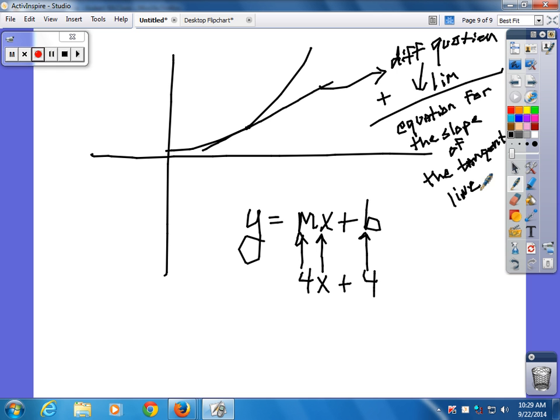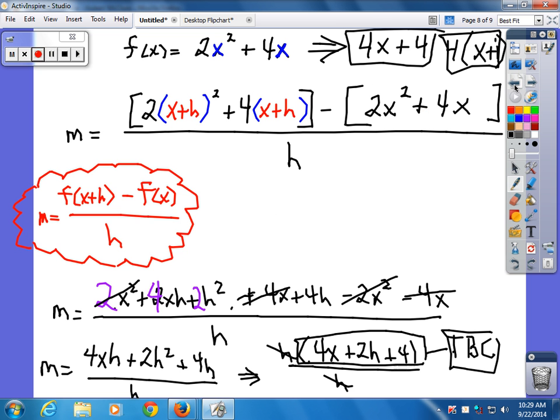So you might want to write this down, because that's your goal for the first unit test in calculus. And you can't do the first unit test until you can do this.